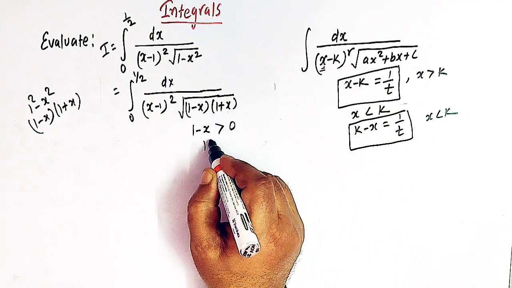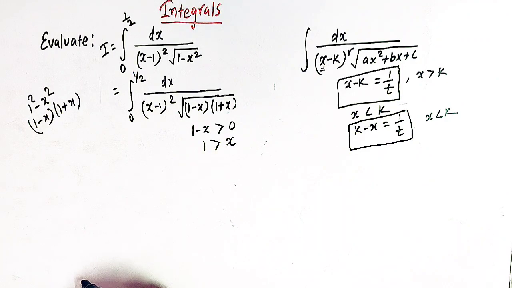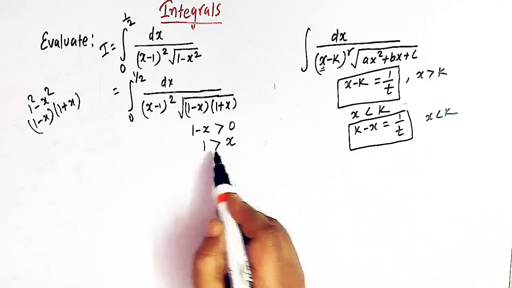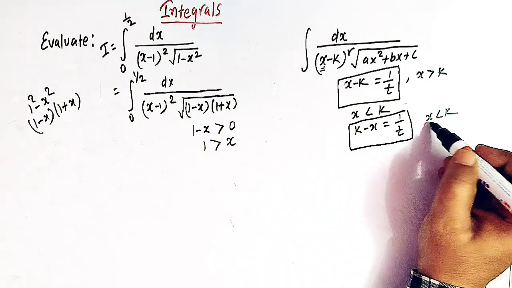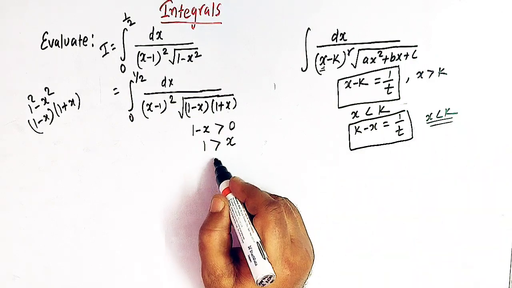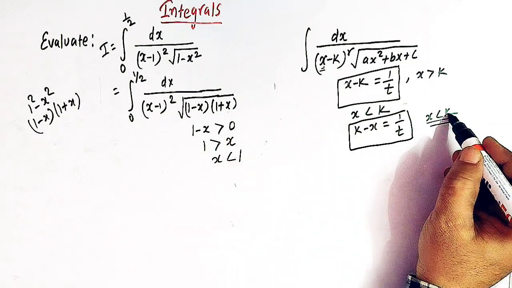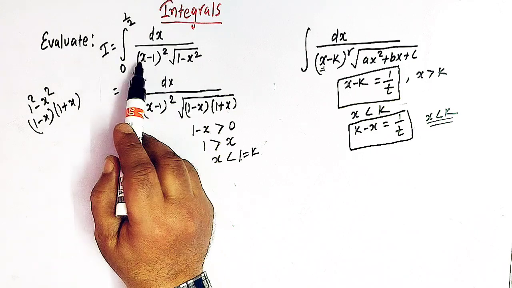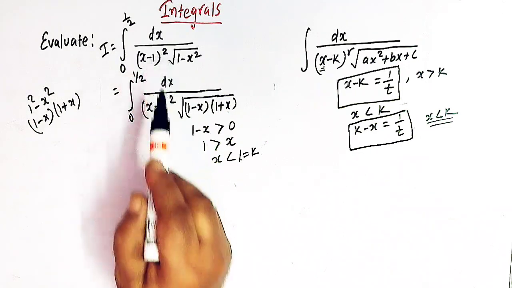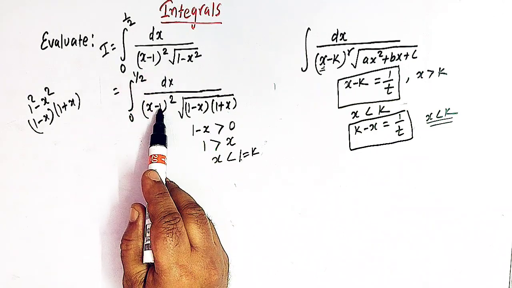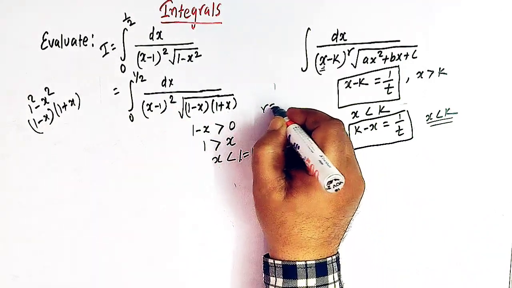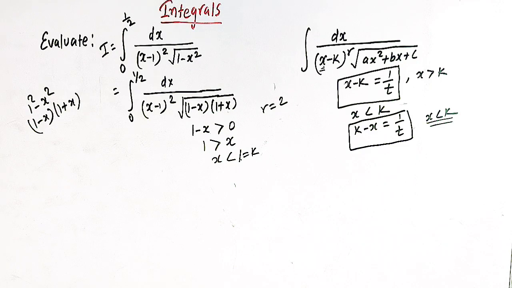It means 1 should be greater than x. If we compare this inequality with this one, we can see that here x is less than 1 and the value of k is equal to 1, and here we have (x minus 1) square, so x minus k square, so the value of r is equal to 2.